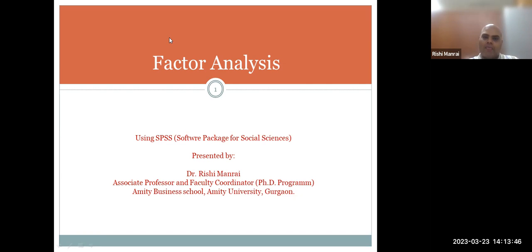The prime agenda of this workshop is to understand what is the function of factor analysis, what does it do, why do we do so using SPSS, and what all things we will be able to get when we are learning factor analysis. As I told you, factor analysis is a data reduction technique.